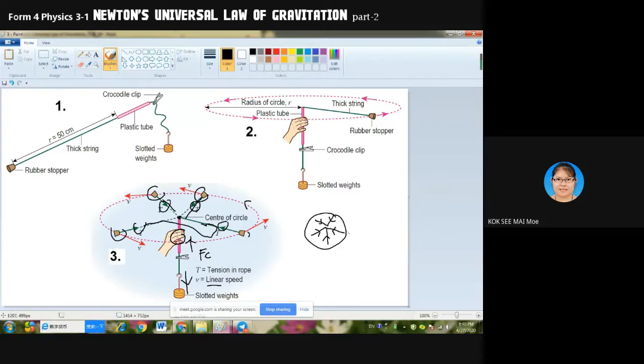Next, the situation is the mass here is constant. Now the radius becomes smaller. They never talk about the speed. They just ask what you think about the force attracting to the center. Is it stronger or less?